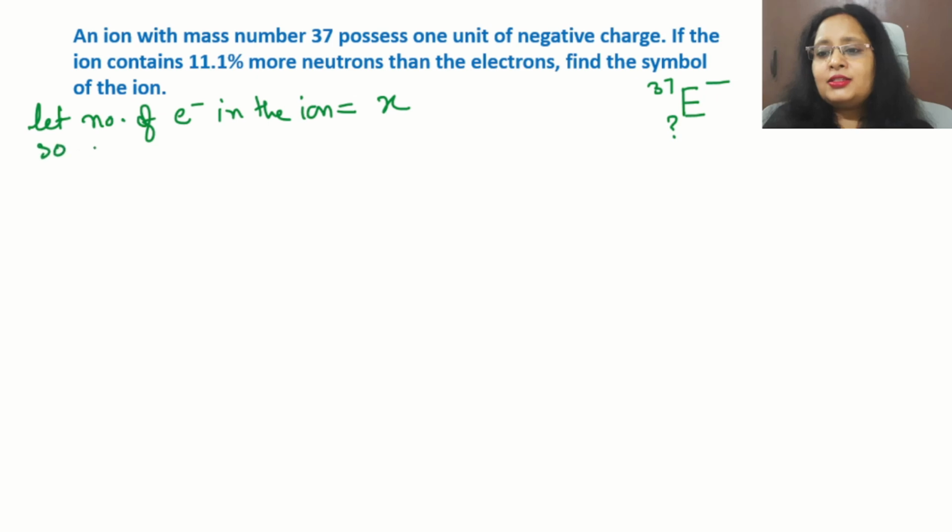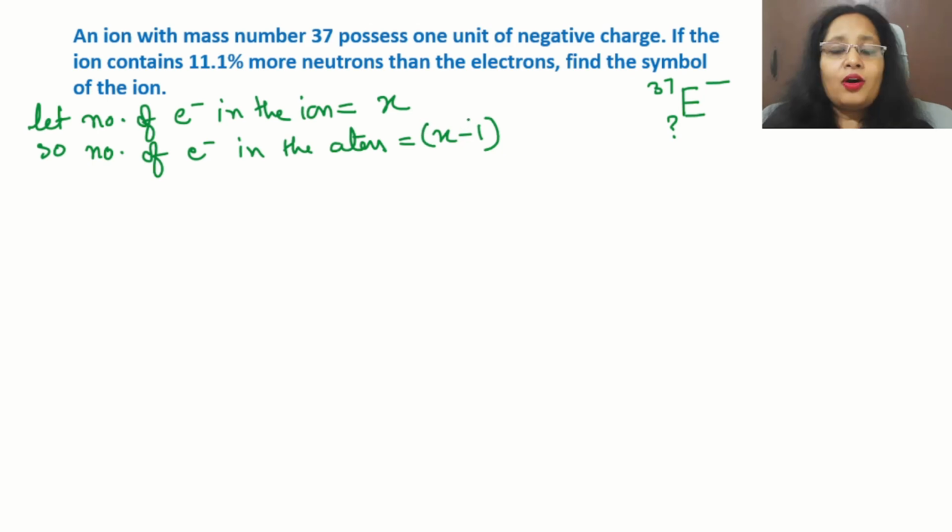So the number of electrons in the atom should be X minus 1, because having a minus charge means 1 electron came inside. So if 1 electron is there inside, it means the atom has 1 electron less than the ion.